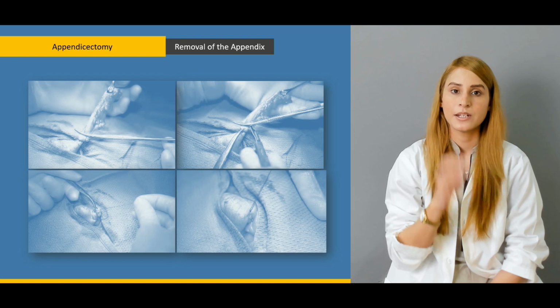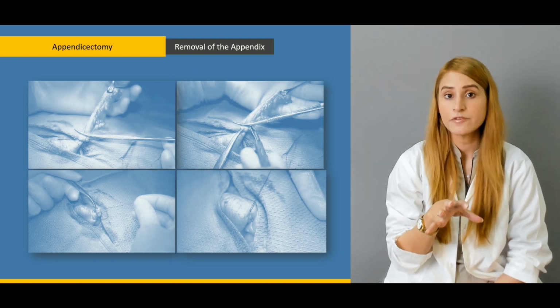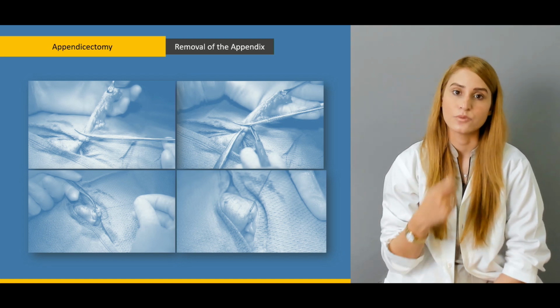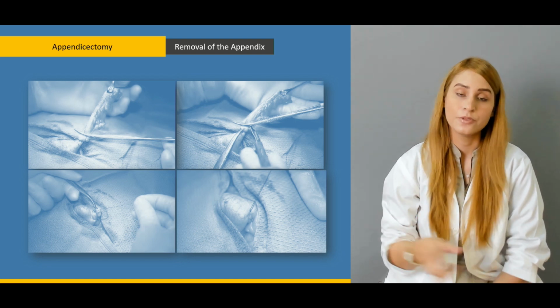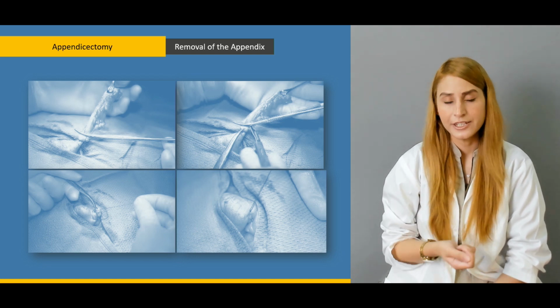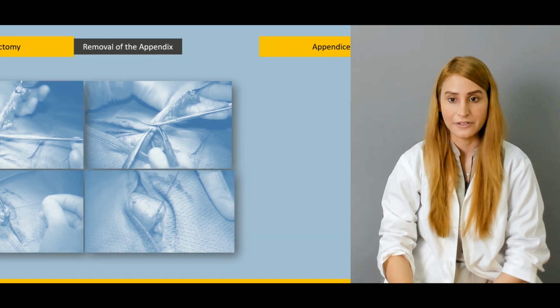You open the peritoneum, and then just going down, there is the cecum in front of you. You find the tinea, the base of the appendix. You ligate the base, you ligate the mesoappendix, and then obviously you remove the appendix, and then you secure hemostasis, and then ultimately you close the abdomen in layers.